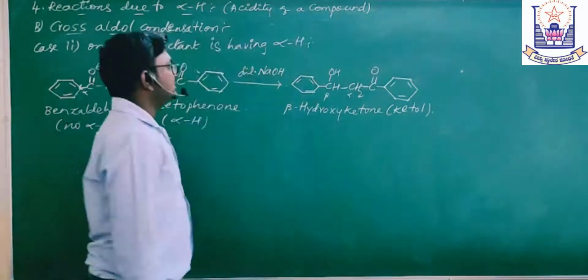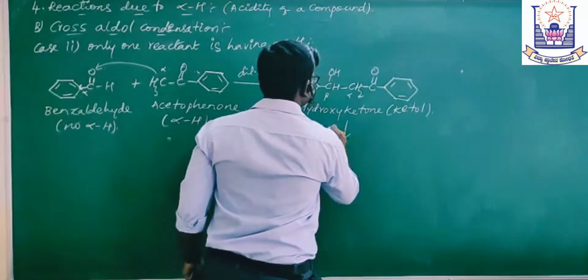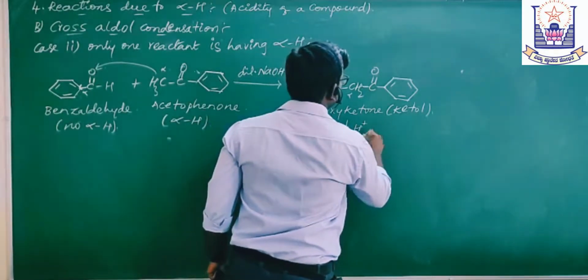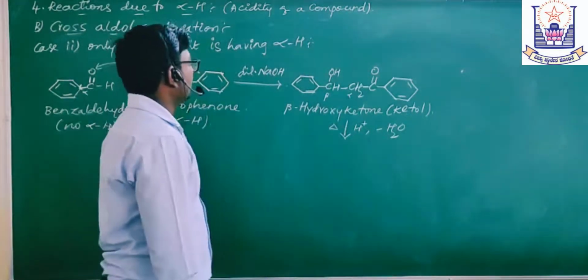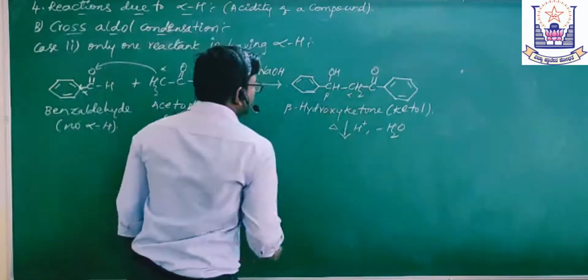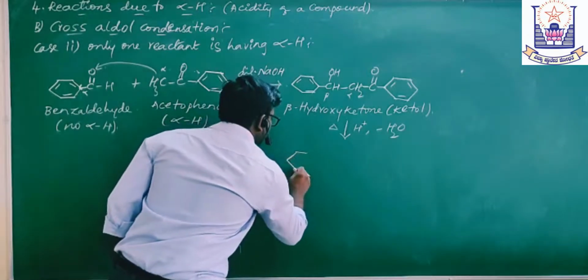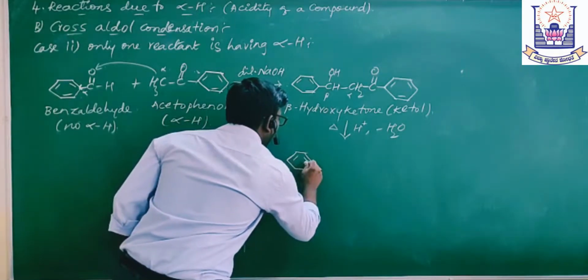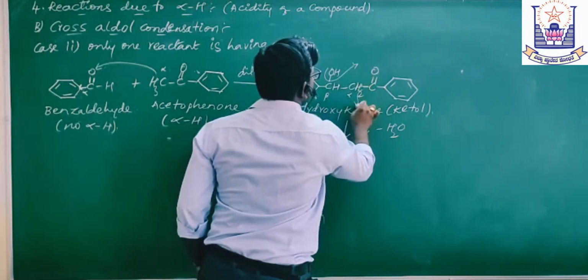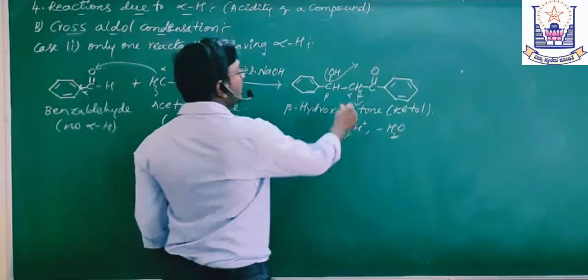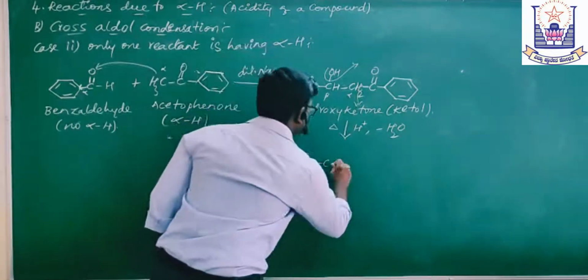Ketone. When this is subjected to heating or hydrolysis, H2O will be released. Then we get an alpha beta unsaturated compound. OH minus will be released from here, H plus ion will be released from here. Here you will get a double bond.